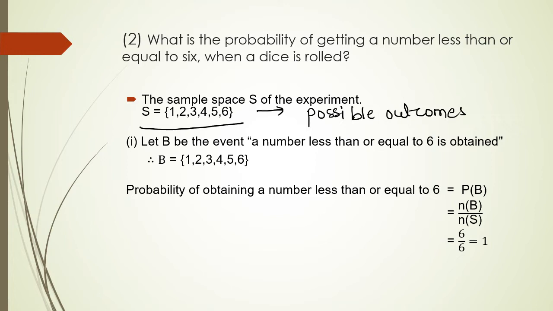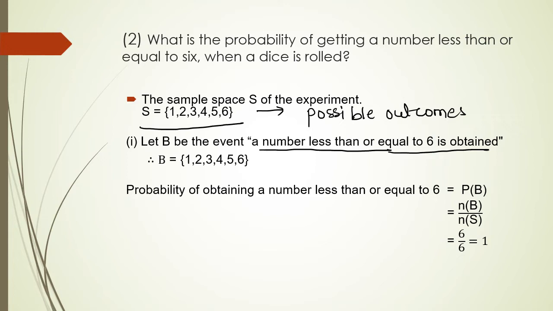Now we want to find the probability of getting a number less than or equal to 6. Out of them, how many numbers are less than or equal to 6? Equal to means we can include the number 6 also. So all of these numbers are less than 6 or equal to 6.